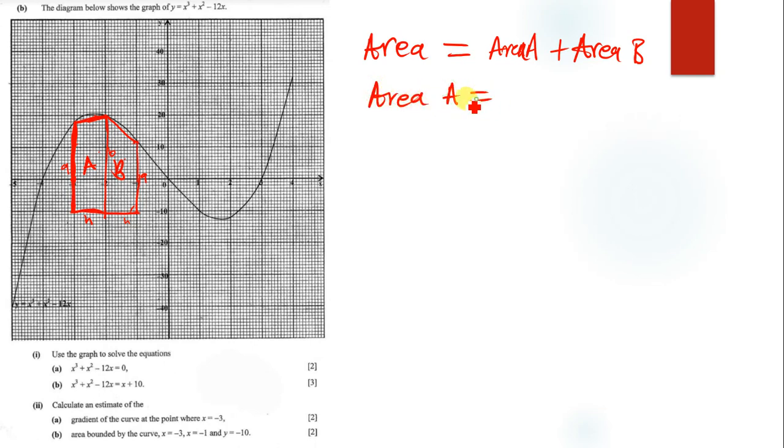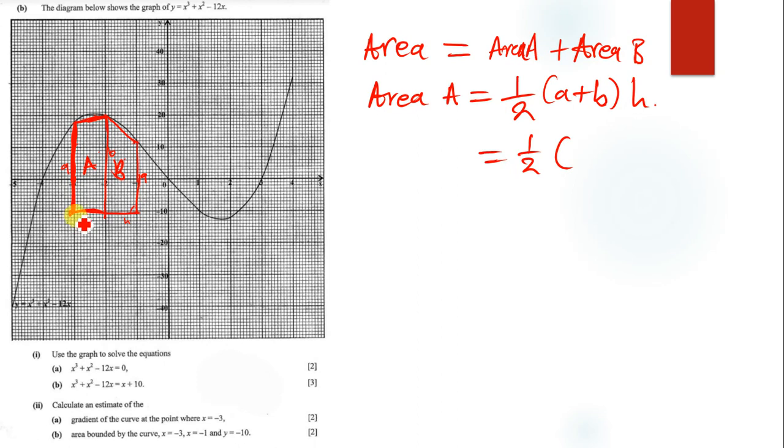So area A is going to be given by half A plus B times H. So this is now going to be half. The value of A is the distance from there to there, and the distance from here to here is 10, and then from there to there is like 18.